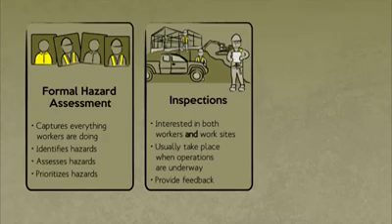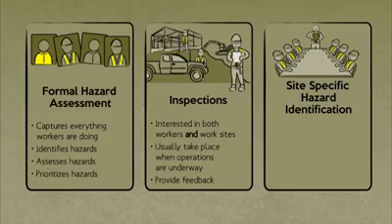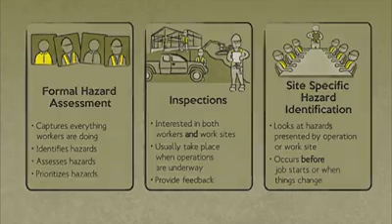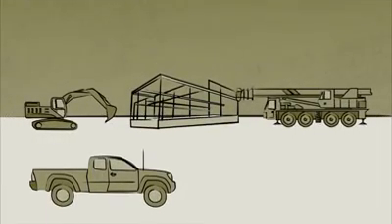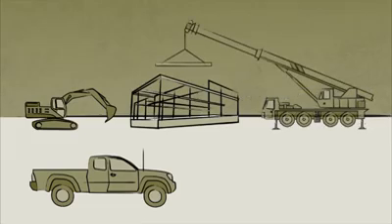They provide feedback on whether the hazard identification, risk assessments, and controls are working and adequate. Site-specific hazard identification looks at the hazards presented by a particular operation or work site before the job starts or when things change. Hazard identification and assessments anticipate what an individual will do or how an operation will proceed, and controls are based on that.